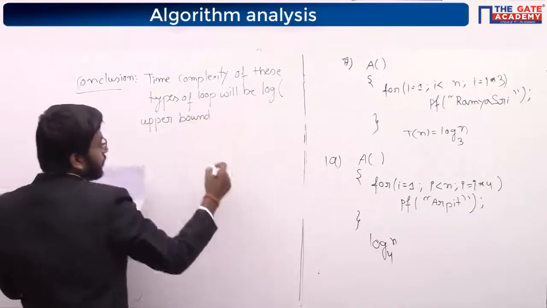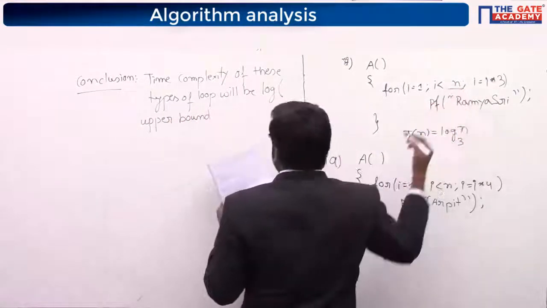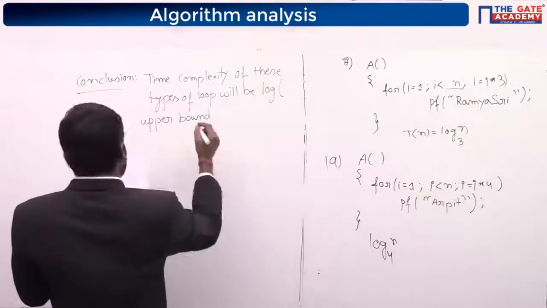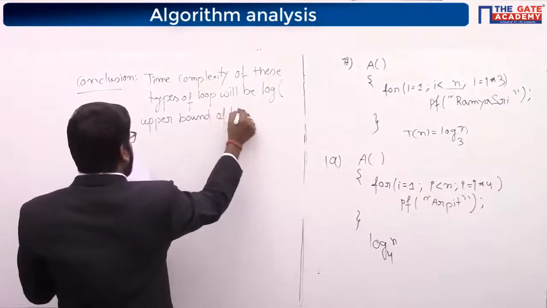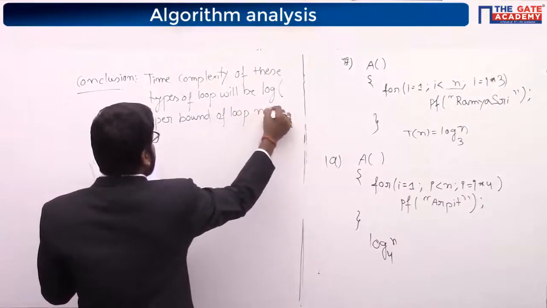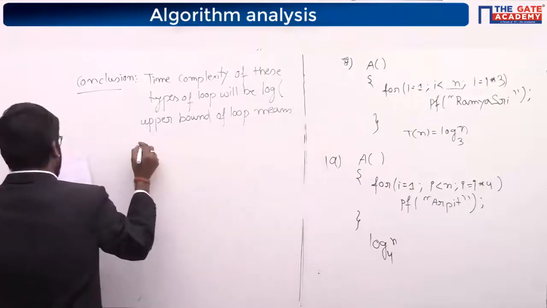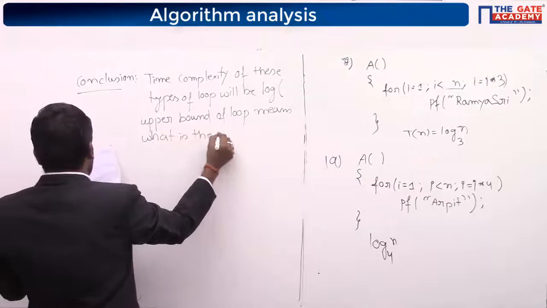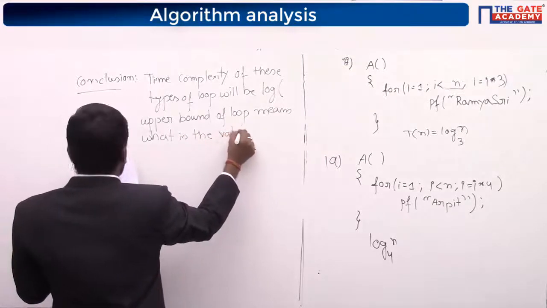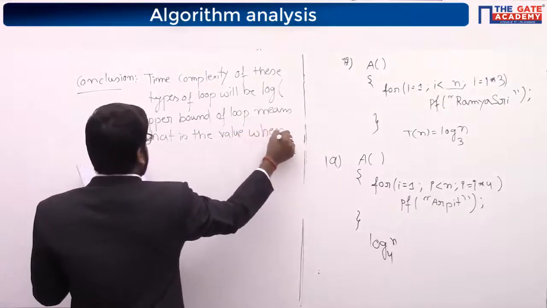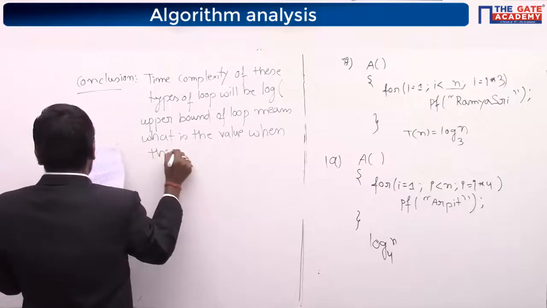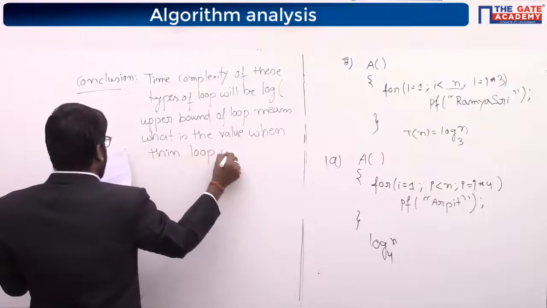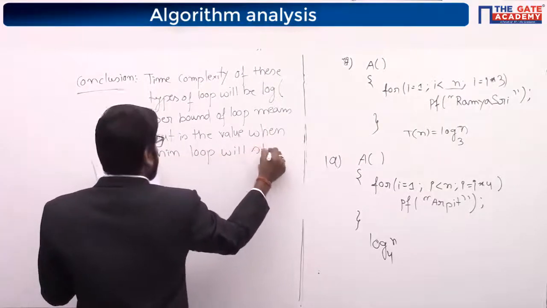Upper bound of the loop means what is the value when this loop will stop.